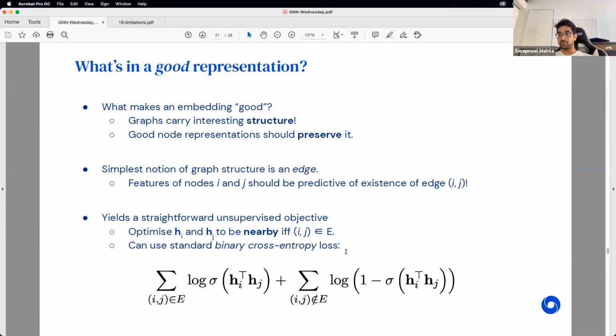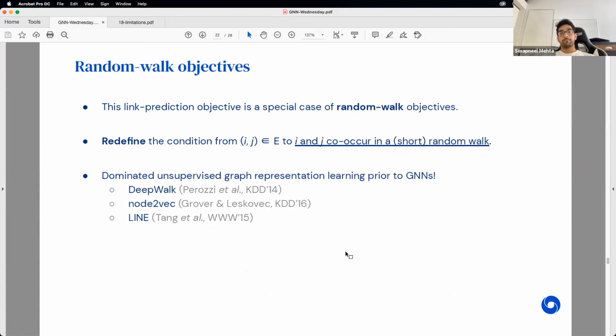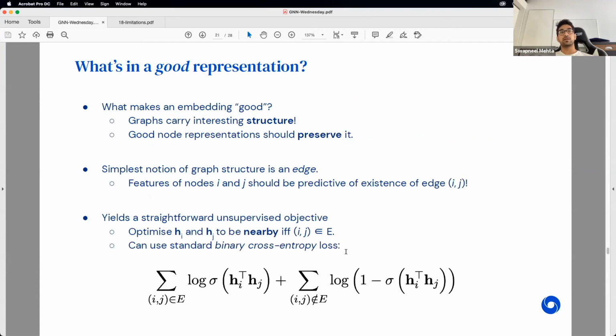Oh, well, that defines an unsupervised training objective. If I have a graph and its edges, I can train it by saying, if there is an edge, I want to predict it to be 1. So with a binary cross entropy loss, this becomes an unsupervised training objective. After that, people generalized this.